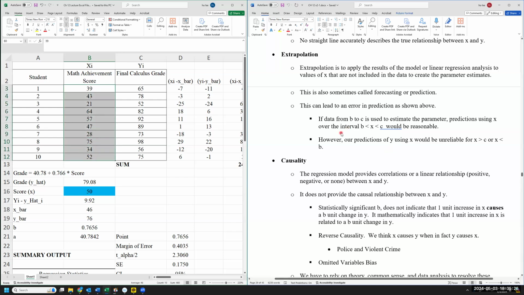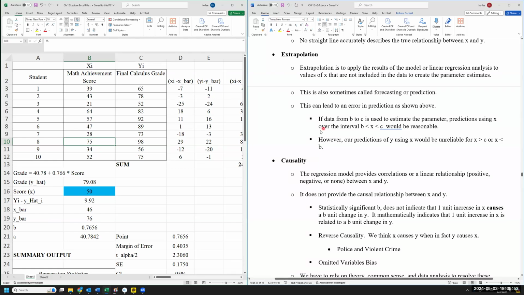So basically, extrapolation is: I use this data to create a model. What would happen if X was below 21 or above 75? So what if I had an X of 18? What would my Y be? Or what if I had an X of 79 or 83?